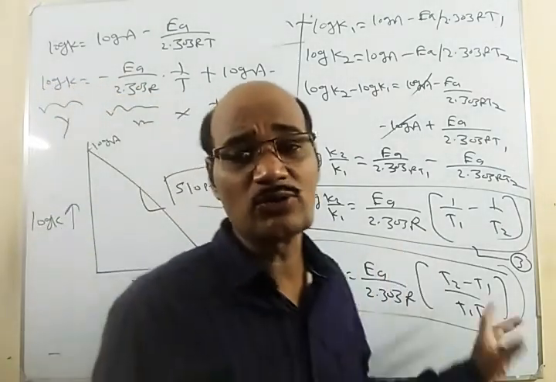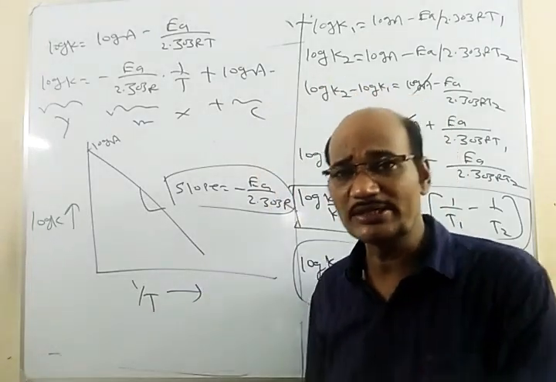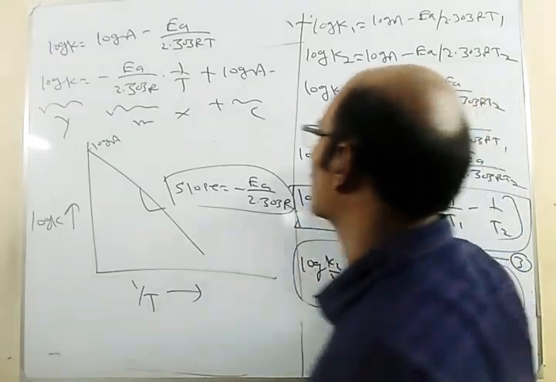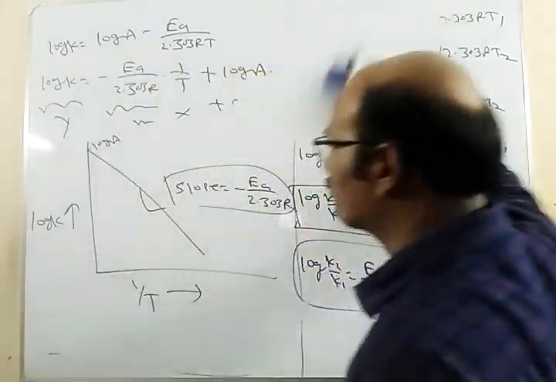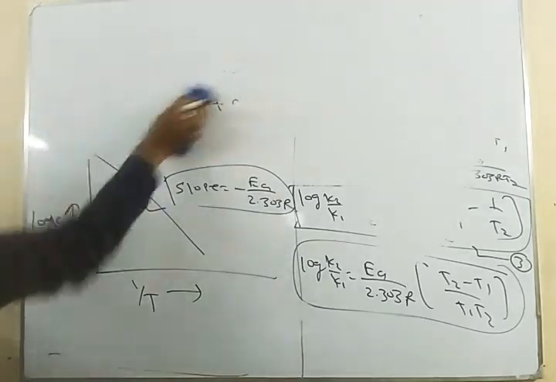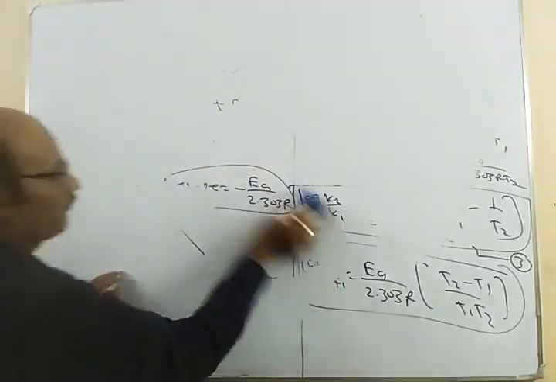So this is about the dependence of rate constant on the temperature. Now let us have some numericals based on this one.